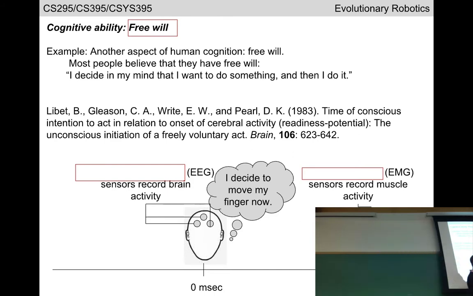At the moment that the human subjects reported that they had made the decision to move their finger, there was a characteristic pattern in their EEG, and that pattern was only there at that point in time. It disappeared after, and it also did not exist back here. So it seemed that there was some EEG pattern, and it might be different for different human subjects, but that pattern always showed up at the moment that they had made the decision to move their finger.